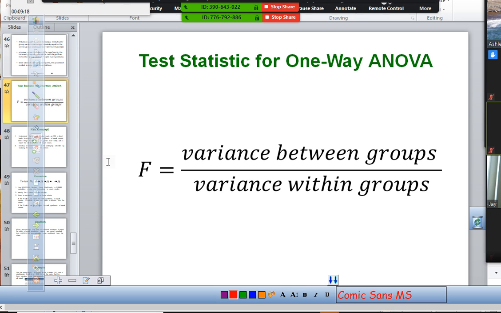And I will say compute the F statistic for this. All you got to do is take the between group variance and divide by the within group variance, and then you're done. That's it. Nothing complicated. So make sure you know that's written down in your notes, most of the way down towards the bottom.